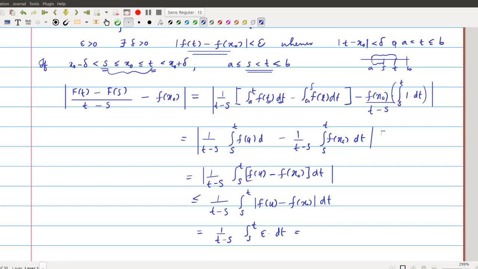The variable of integration is also u, so we write f of u du. So this will be epsilon.